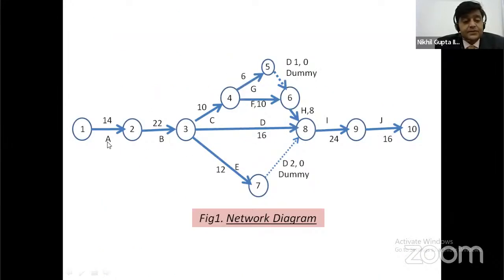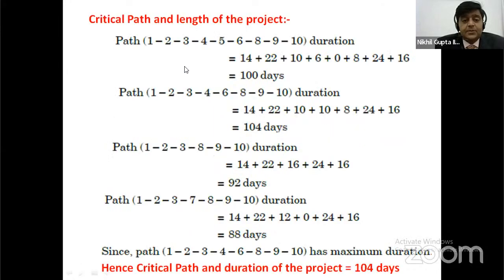One path follows event 1, event 2, event 3, event 4, event 5, event 6, event 8, event 9, event 10. In this path, the time consumed is 14 days, 22, 10 days, 6 days, 0, 8, 24, 16, which is equal to 100 days.